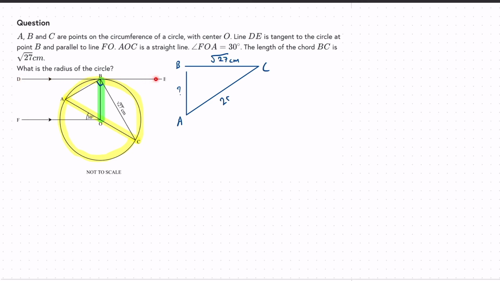DE is a tangent to the circle at B. So this is a right angle, and if this is a right angle here, then this is a right angle here. They're co-interior angles. So what does that mean? Well, if you look at this triangle, 30 plus what is 90? 60 degrees.